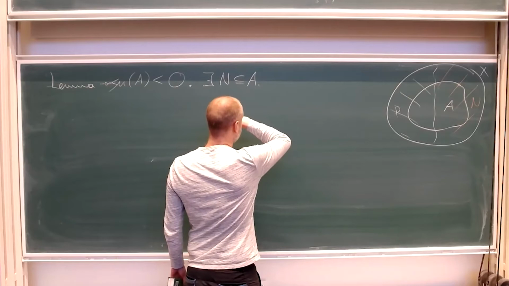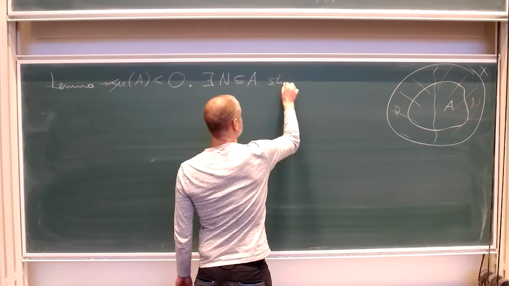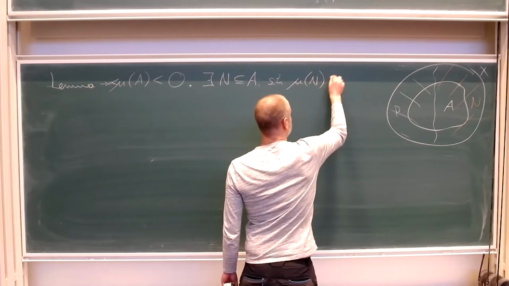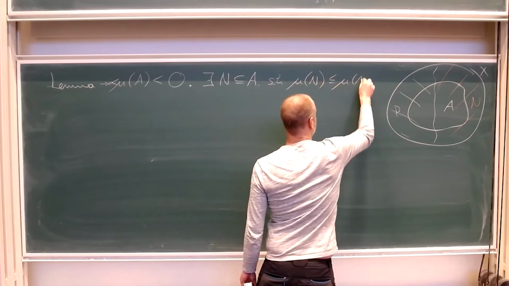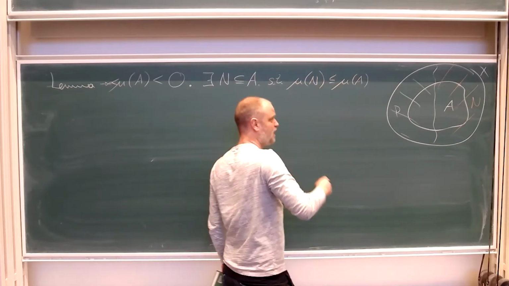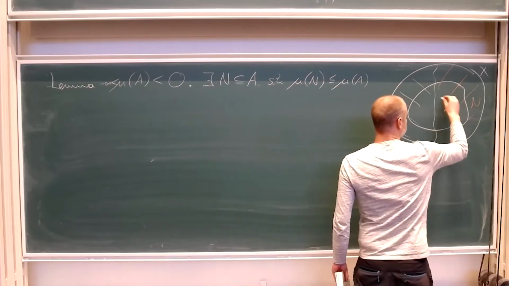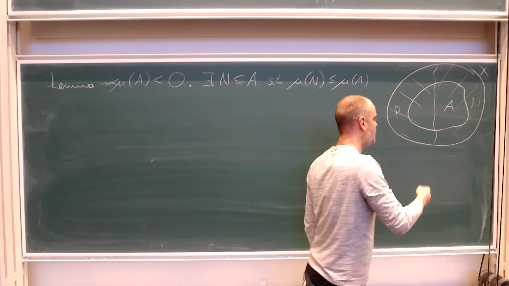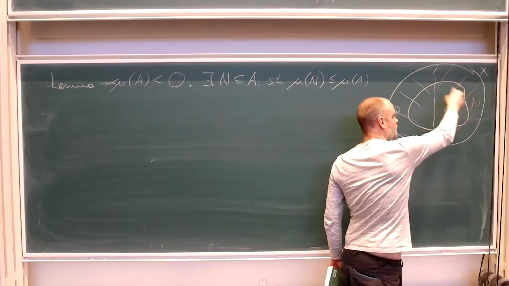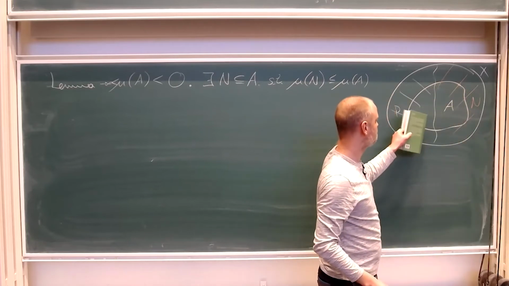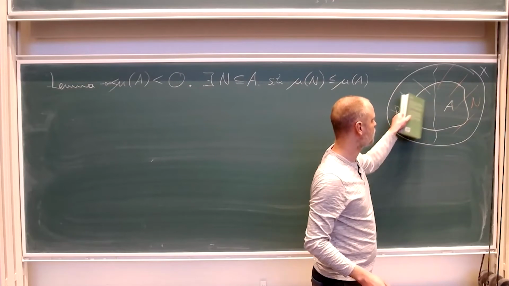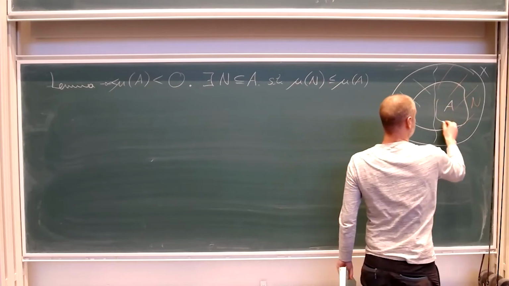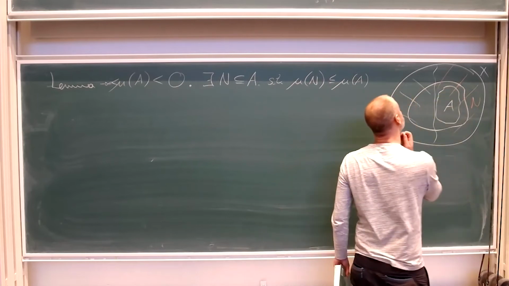There exists N such that mu of N is less than or equal to mu of A. So maybe we don't get the maximum piece, but we get some piece in here, which at least is big enough to counterweight the positive stuff, right? So we will take out some piece here, which is big enough.